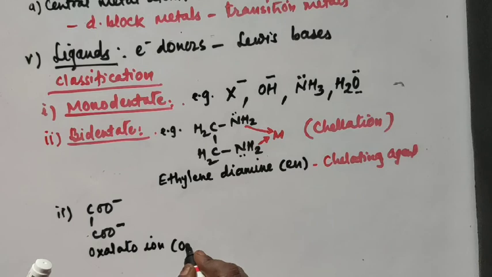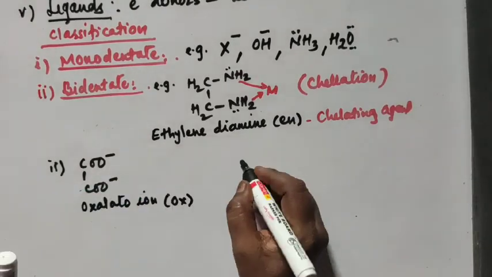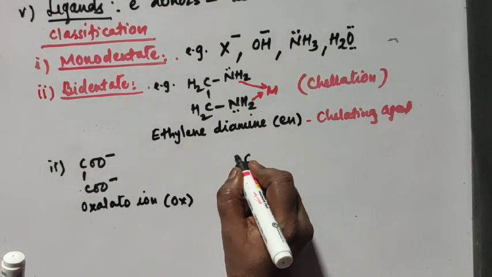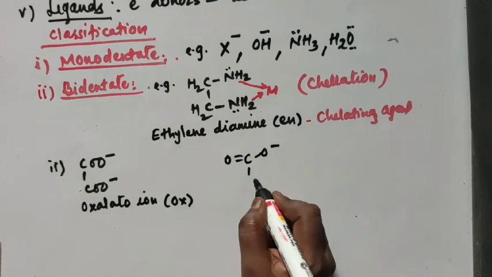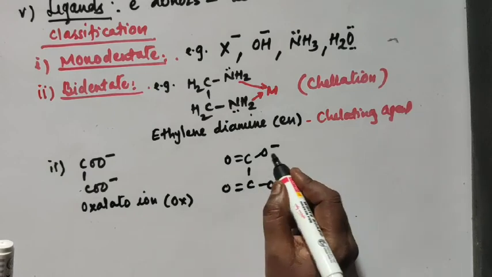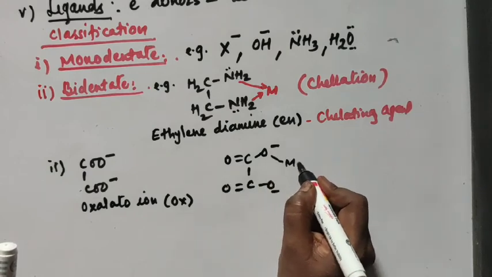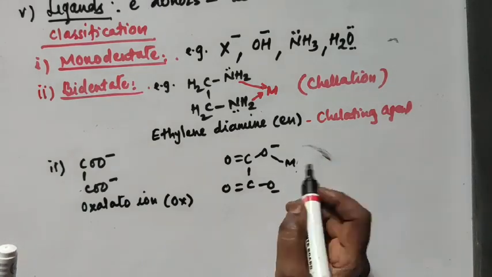You can write this as ox only. If ox is written in brackets, then it is the oxalato ion. And what is the structural formula? COO minus, then COO minus. This O minus can donate an electron pair to the metal, not Mg, to the metal.